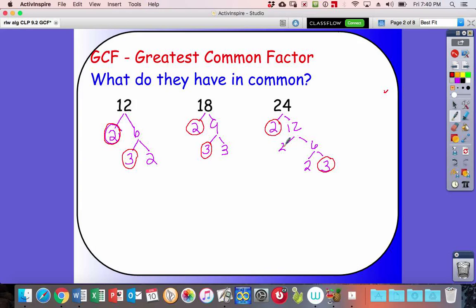This one does, but I would have to use a 3. So I've got 2 times 3 here is 6, 2 times 3 is 6, 2 times 3 is 6. So if you ask me what's the greatest common factor between 12, 18, and 24, I would have to say 6. Let's try another one.